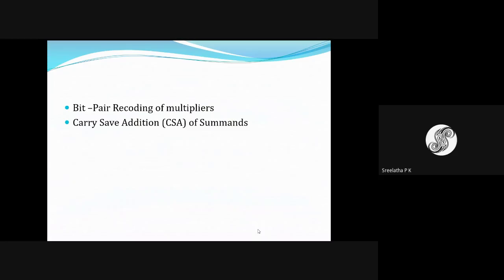So how can multiplication be made faster? There are two techniques: bit pair recoding of multipliers, and carry save addition of summands. We'll see bit pair recoding of multipliers in today's video.